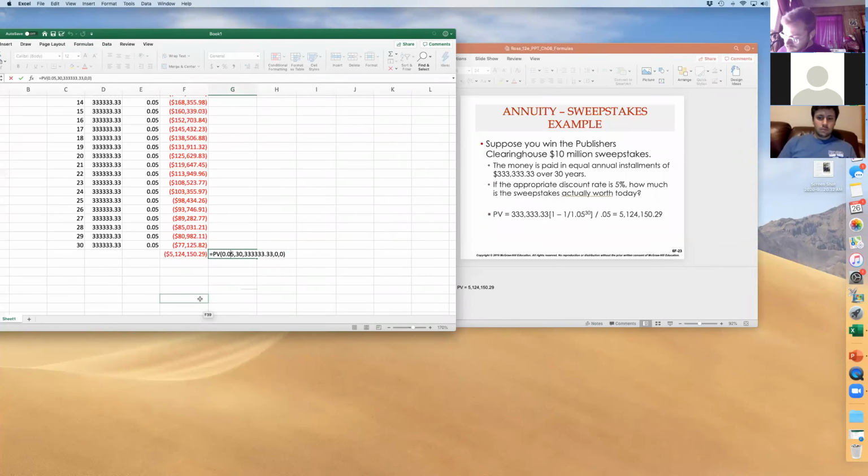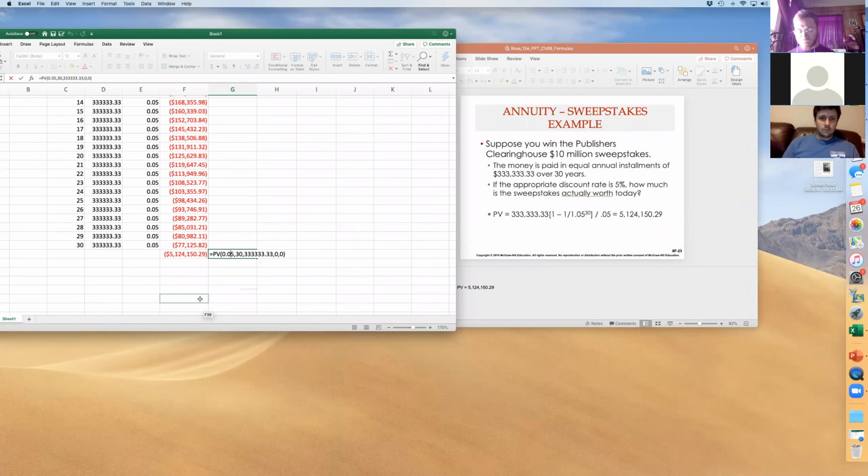Now, what happens if you thought that you could actually do better than 5% interest? That your opportunity cost, let's say, was 10% interest. You thought you could get a 10% return over the next 30 years. Would you prefer to take a lump sum, or would you prefer the annuity?